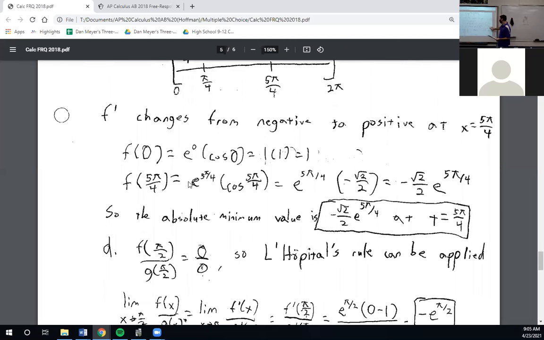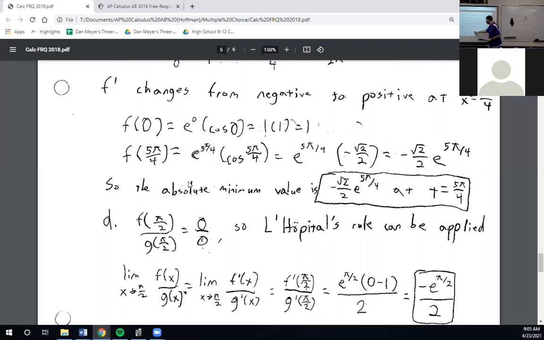So that's saying that the limit of the top of this fraction equals the limit of the derivative of the top over the derivative of the bottom. And when I do that, the derivative at pi over 2 is e to the pi over 2 times 0 minus 1.